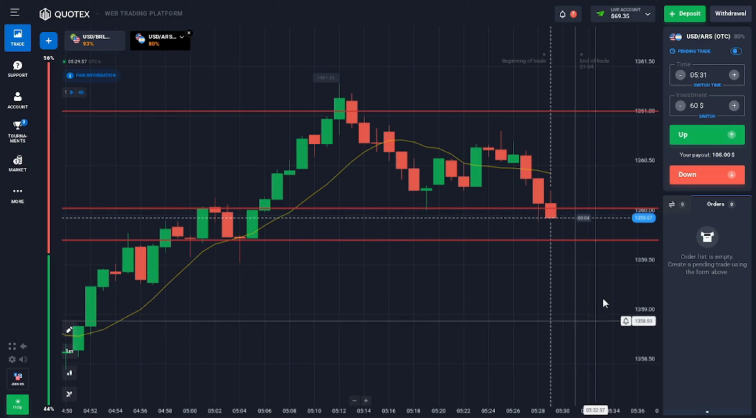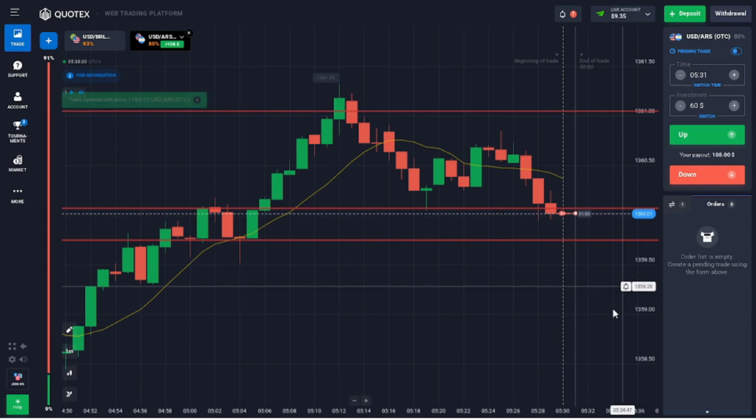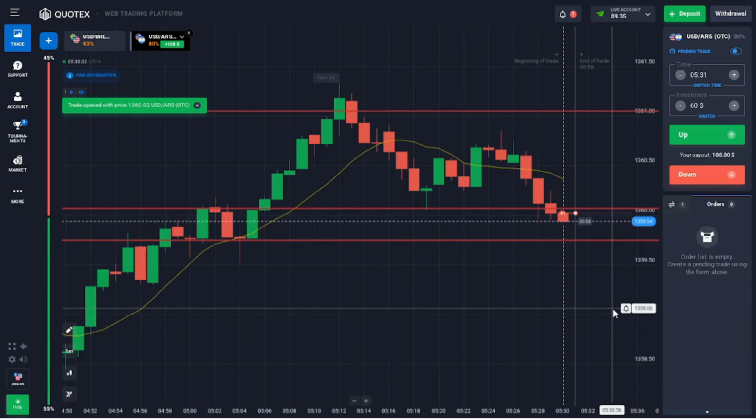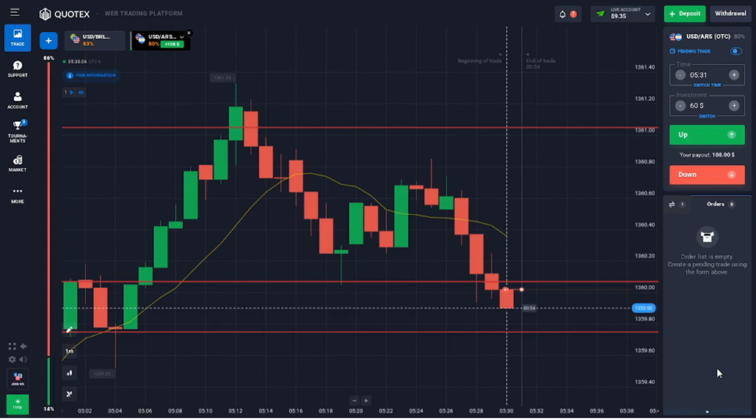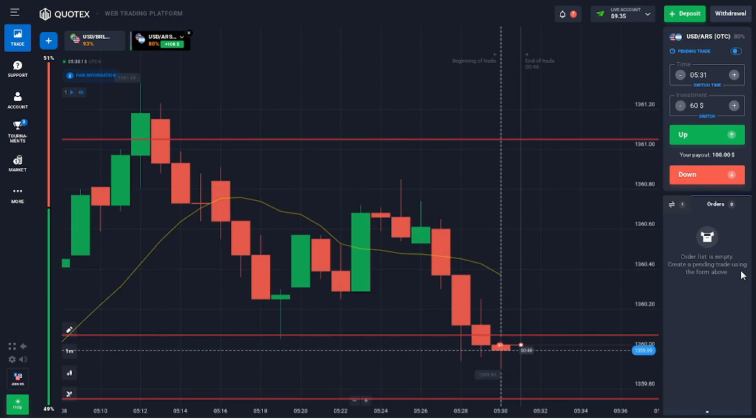The market has broken the level, and on this, I have placed a trade in the down direction. According to my analysis, this trade will be won, and this candle has to be red because first, the market has retested this level, then it has broken down, and after that, this candle has formed. So there are very few chances of this candle becoming green.